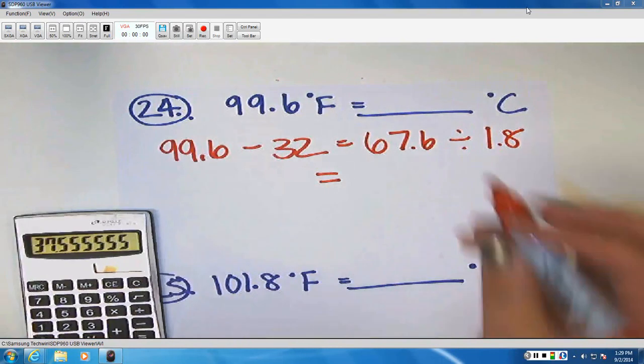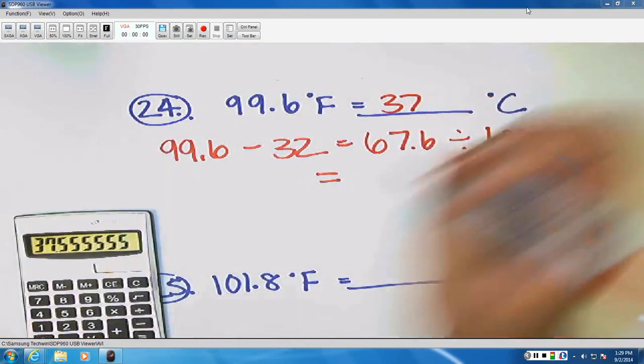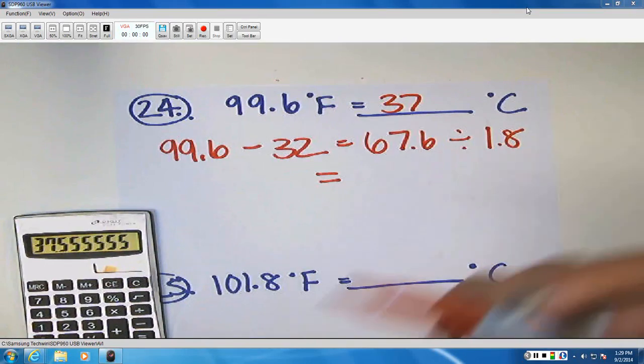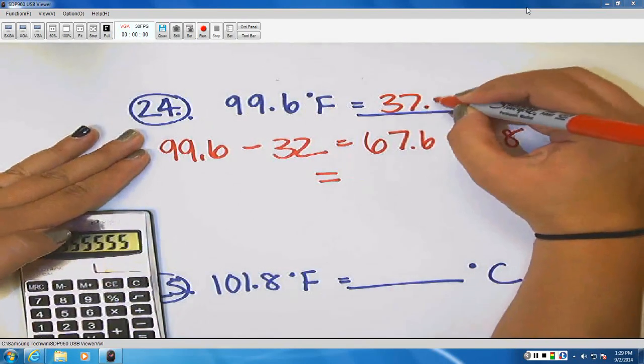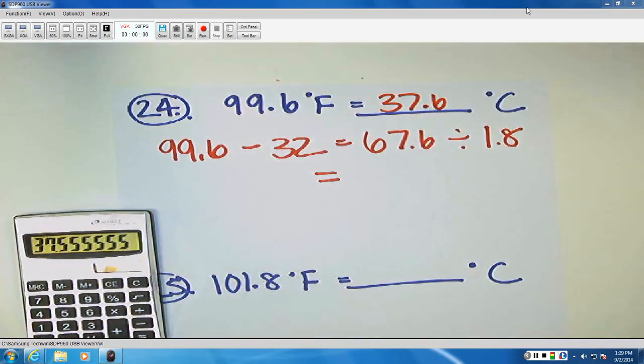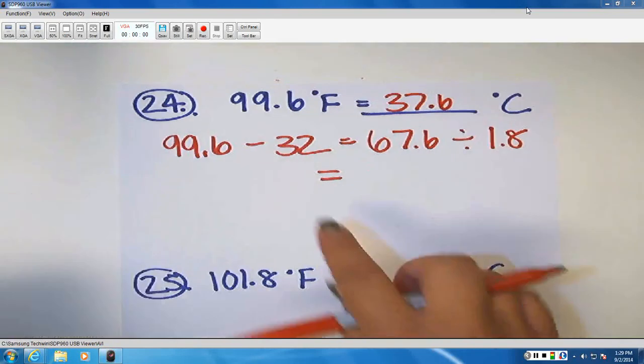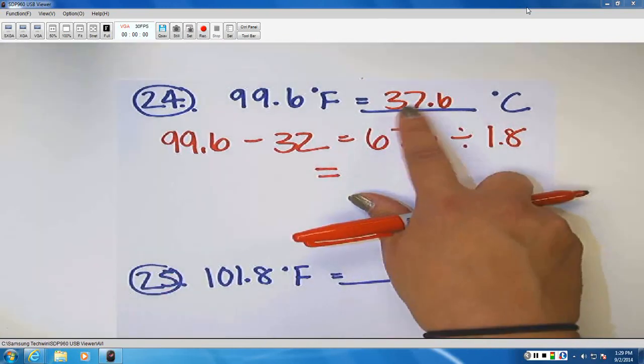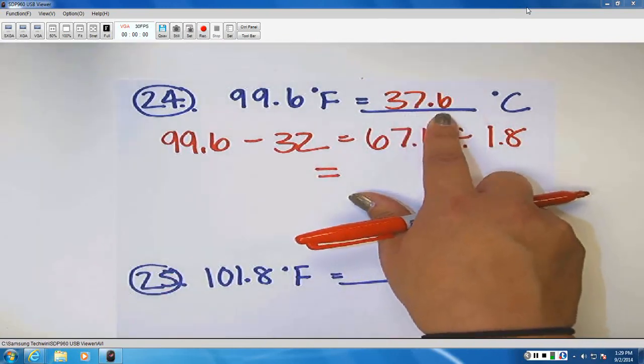And that gives me 37.55555. So I can round that 5 up to 6. So it's going to give me 37.6 degrees Celsius. So when you take 99.6 degrees Fahrenheit and you convert it to Celsius, all you're going to do is subtract 32 and then divide by 1.8, and we came up with 37.6 degrees Celsius.